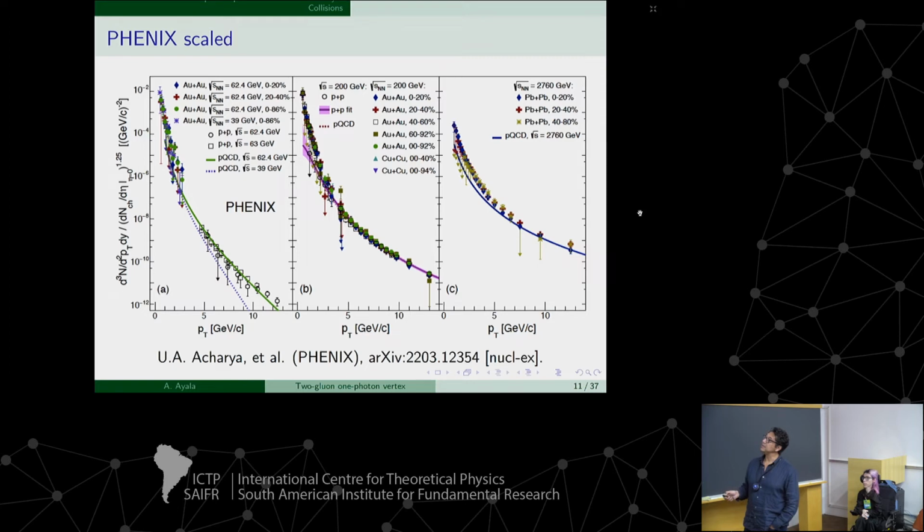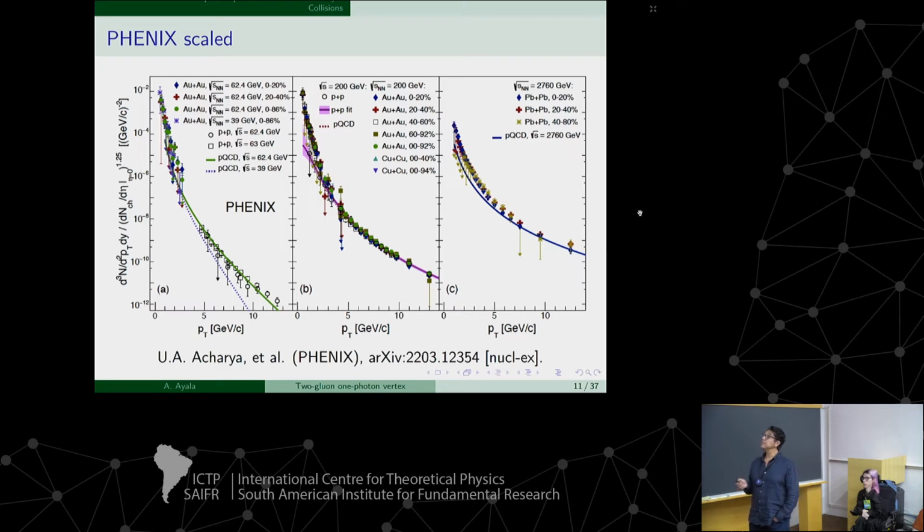And if they scale the yields by the yield at a central pseudorapidity, scaled by a certain power here, then all of these data, the same system but different energies, and even different systems, fall onto this universal curve right here, which again shows a nexus with respect to the pp scaled data.